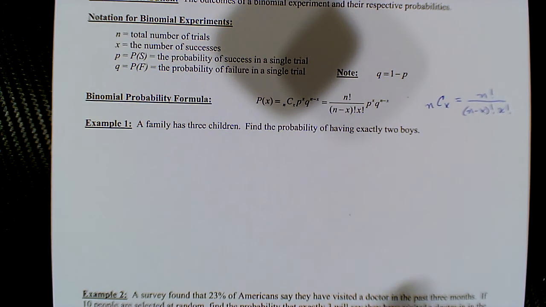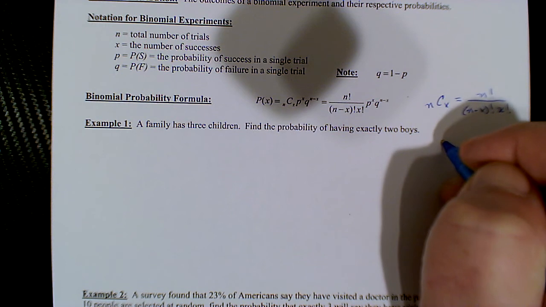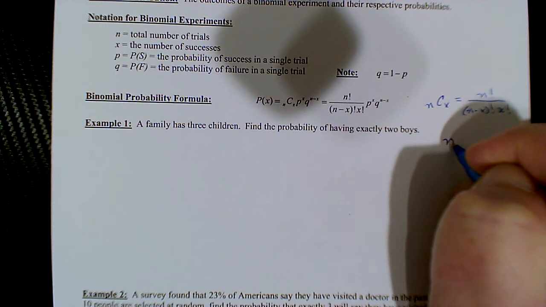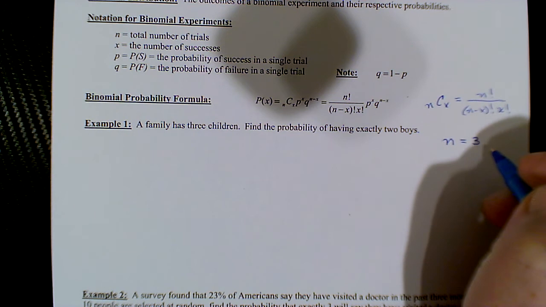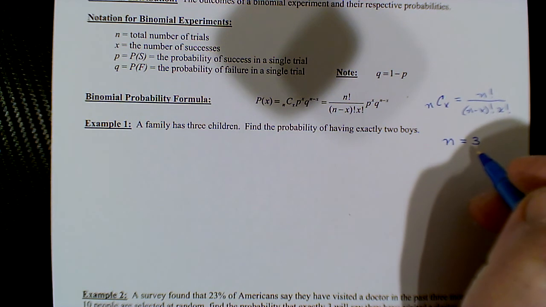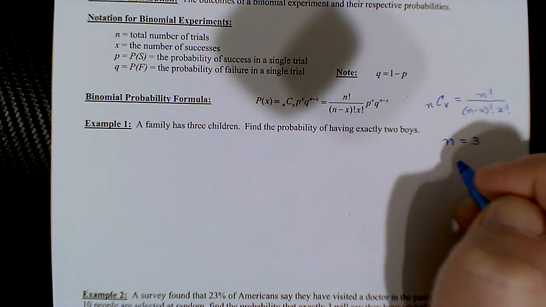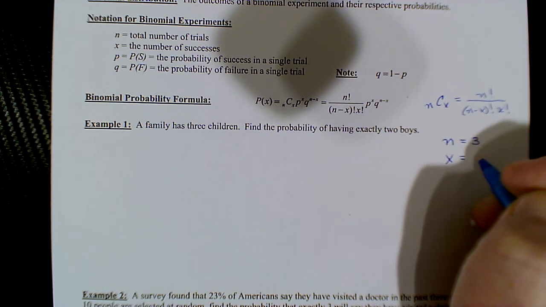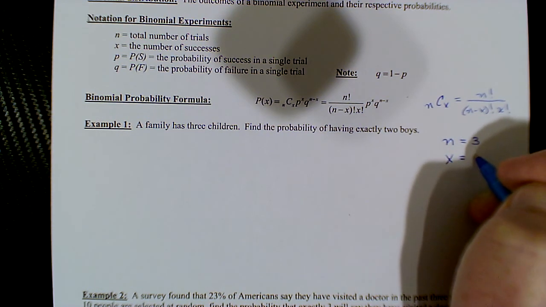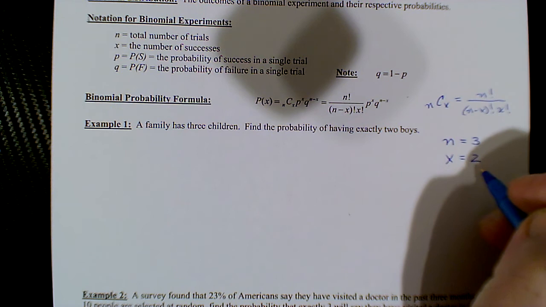We got a family who's going to have 3 children, so that means the total number of trials is 3. We want to find the probability of having exactly 2 boys. So we can consider the success being a boy, and we'll say that x is 2.